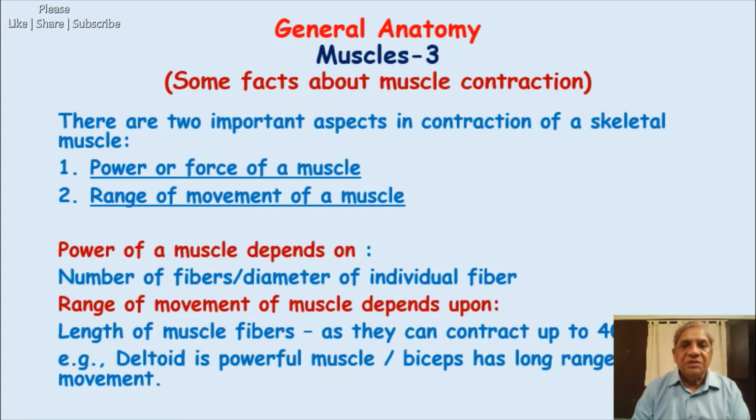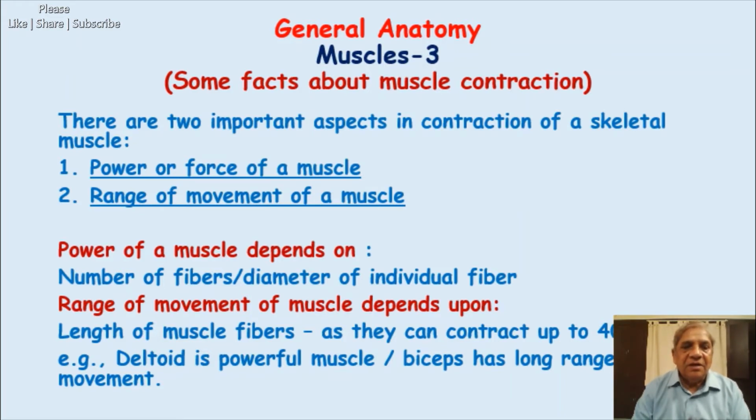That means the diameter increases, while the number of muscle fibers remains the same, but their diameter increases because of repeated exercise. If somebody goes to a gym and exercises for a prolonged period, you have seen that the muscles become visible, especially the muscles of the thigh, the calf, the shoulder joint, and the pectoral region. They become very prominent.